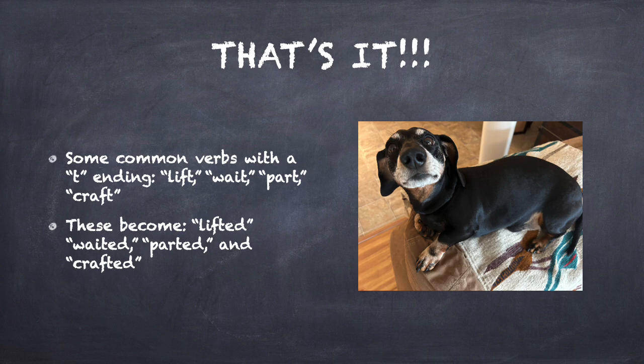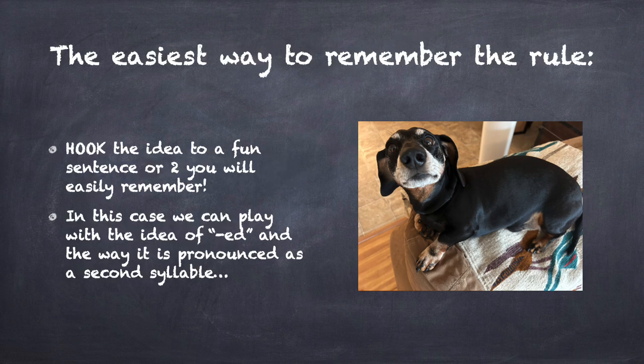Now, I did promise you that we would find an easy way to remember this concept. The easiest way to remember the rule is to hook the idea to a fun sentence or two that you will easily remember.